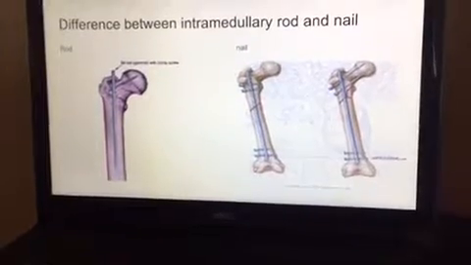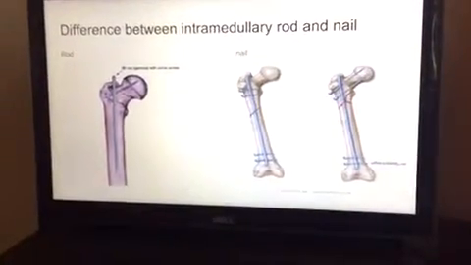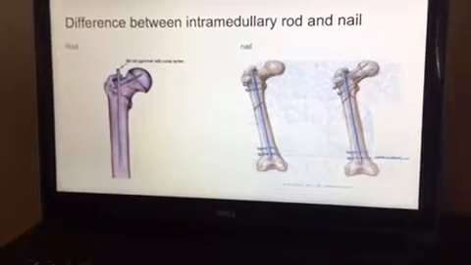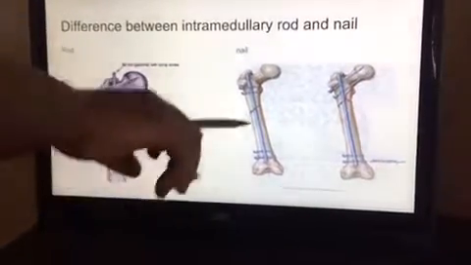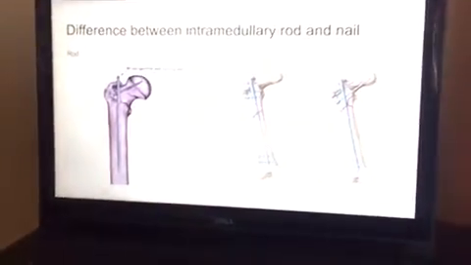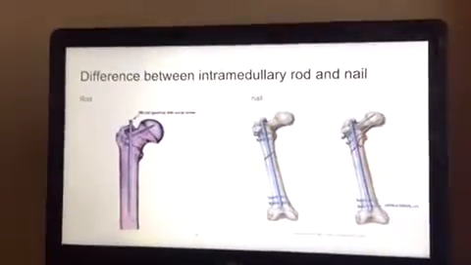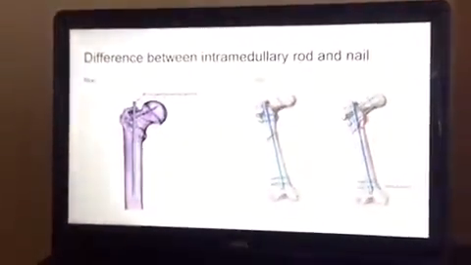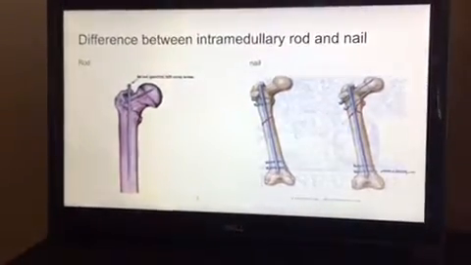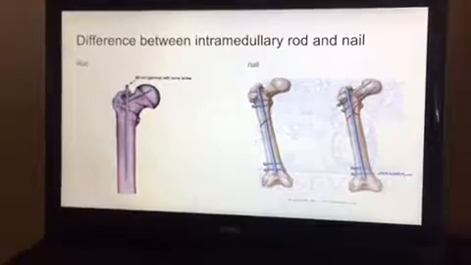This type of treatment led to excessive external rotation and knee pain, and this type of nail implant has been abolished. Also, the length of the intramedullary rod will depend on where the fracture has occurred. They use long when the fracture is on the shaft and short when the fracture is on the head.